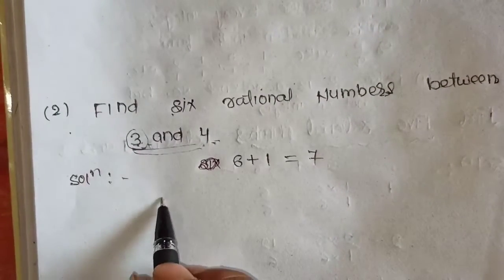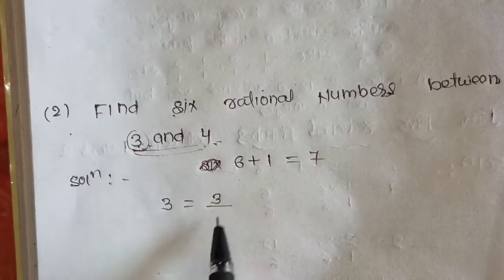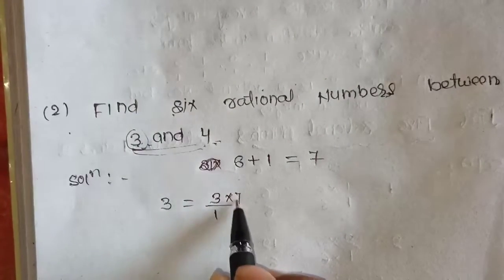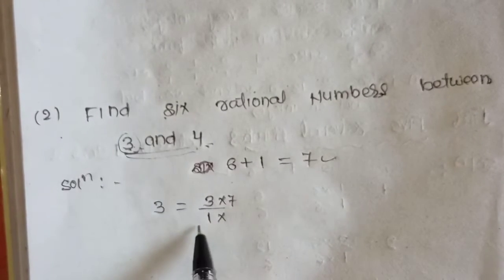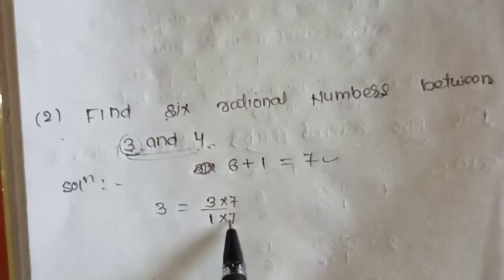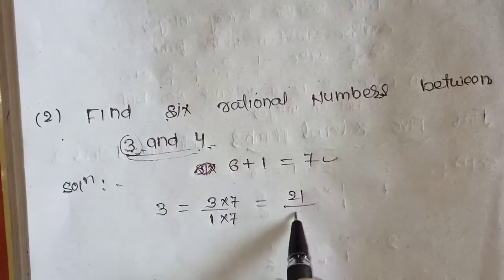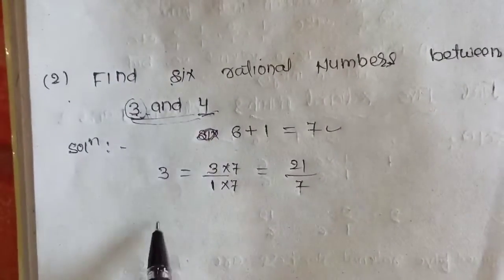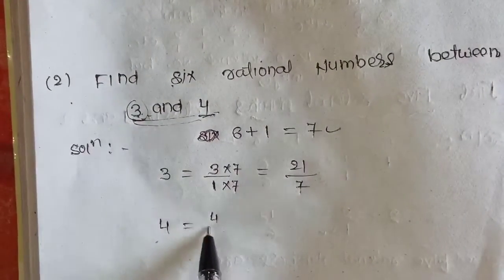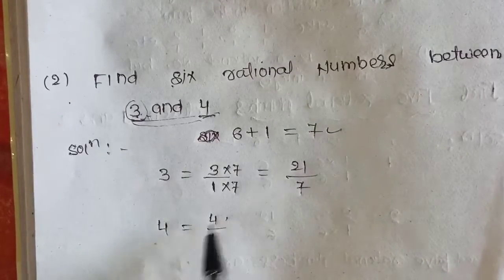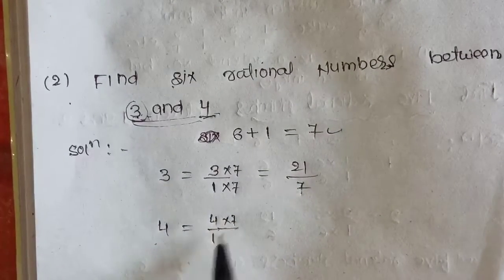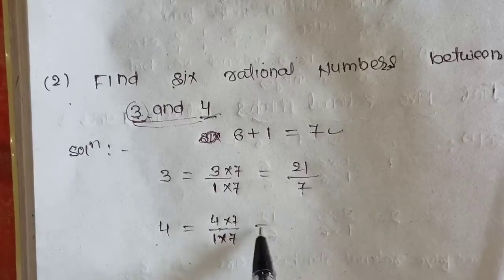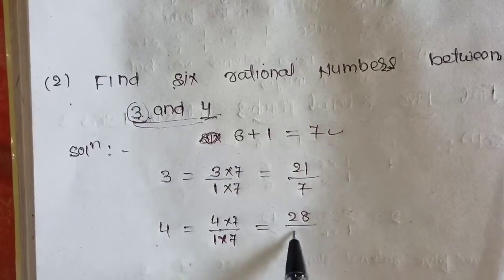Now we write 3 as 3 by 1, which is a rational number, and we multiply the numerator by 7 and also the denominator by 7, and you will get 21 by 7. The other number is 4, which we can also write as 4 by 1, and we multiply numerator and denominator by 7. You will get 28 by 7.